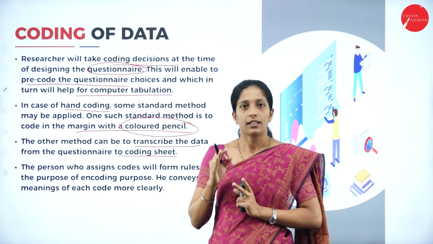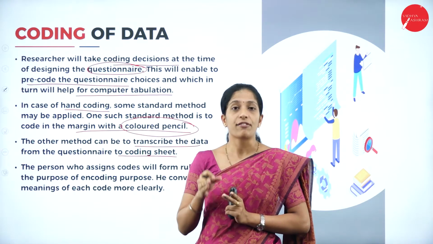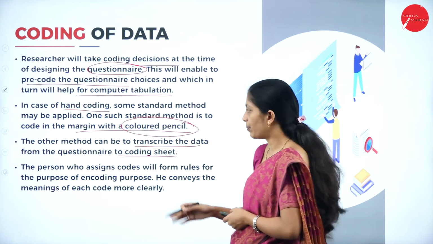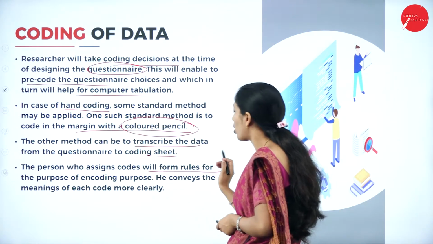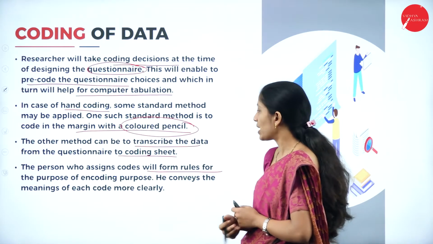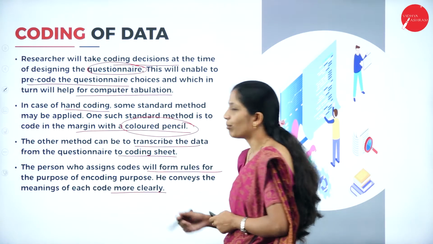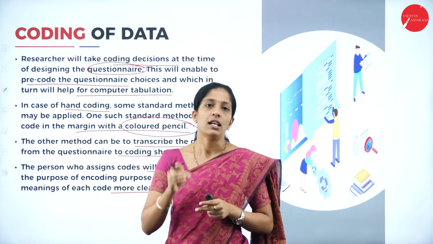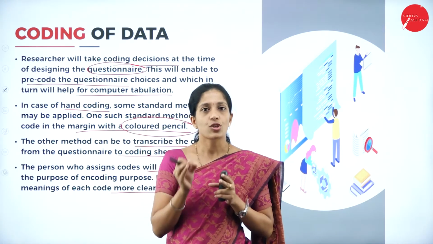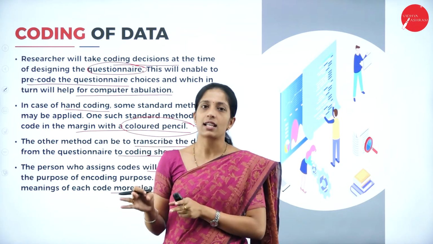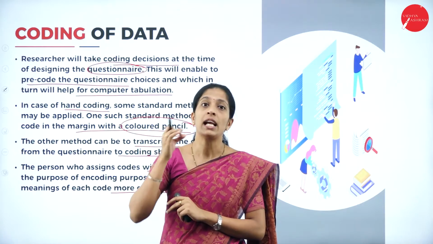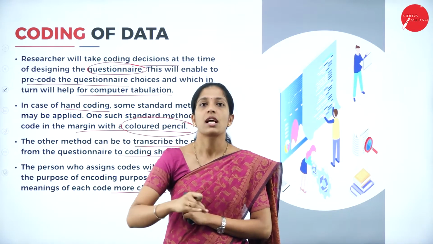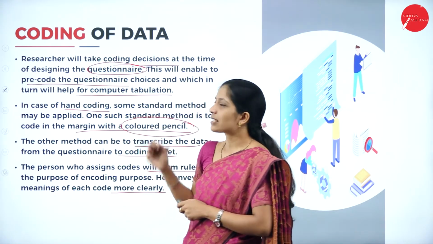The person who assigns code will form rules for the purpose of encoding. He conveys the meaning of each code more clearly. This should be done by the researcher only, because he will prepare the questionnaire and he will prepare the code. Whatever code he has done, while analyzing the data he has to give instructions regarding encoding of data, that is, how we are going to take those codes into consideration in order to analyze the data. So this is about coding of data.